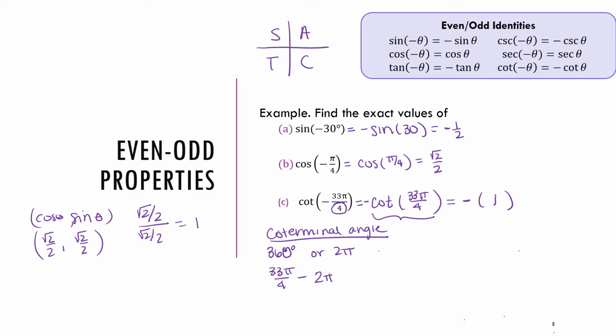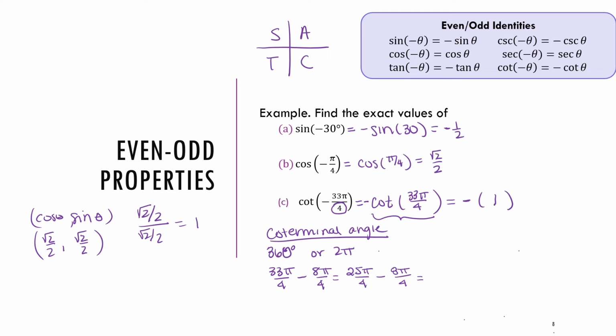In order to subtract that, we have to get a common denominator. So if you'll forgive me, I'm going to change this to 8 pi over 4. So this gives me 25 pi over 4. That's still not less than 8 pi. That's what we're trying to get to. 25, so we'll subtract another 8 pi.